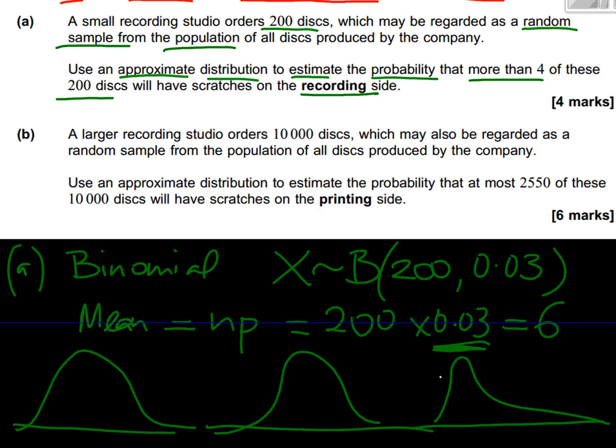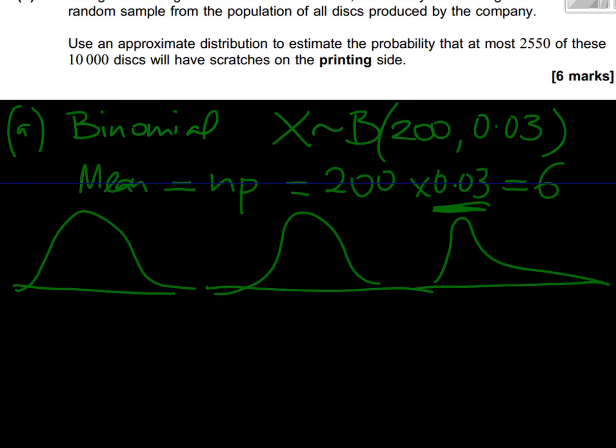Yeah, because the probabilities in a Poisson tend to be very low, don't they? The probability of something happening in a particular period of time, like a phone call coming in or a breakage, is low. So p tends to be very much less than 1. In a normal distribution, our probability is 0.5.